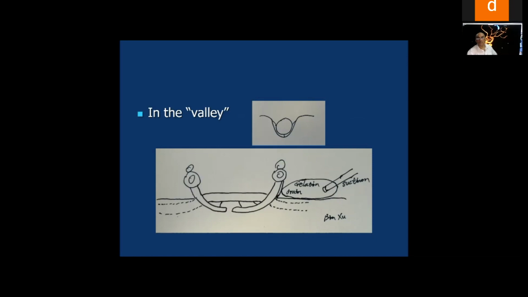Sometimes it's very deep in the valley, so we can use clips to elevate the recipient vessel. This makes the anastomosis easier.